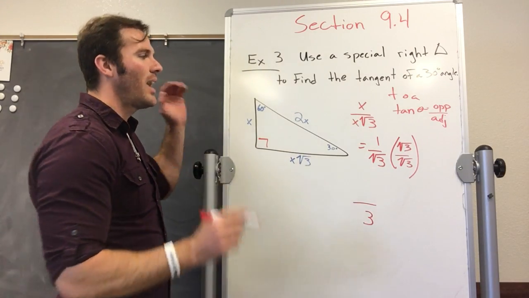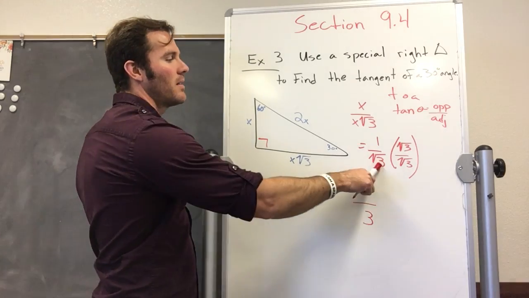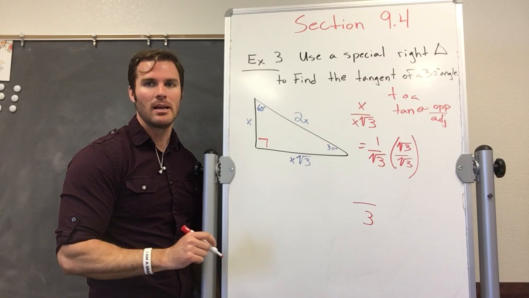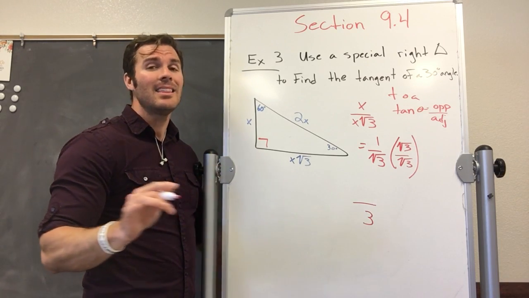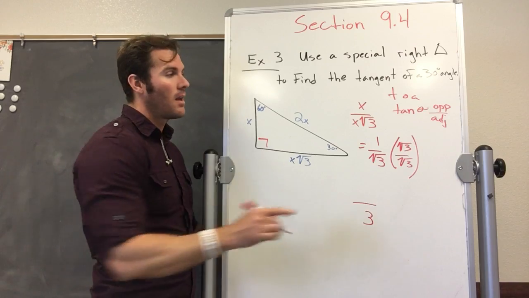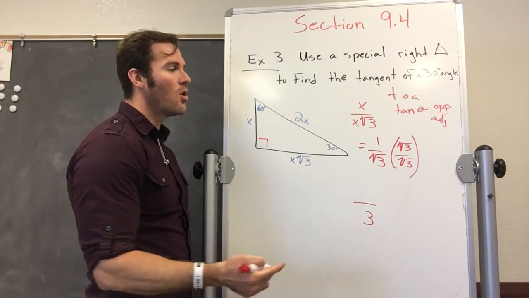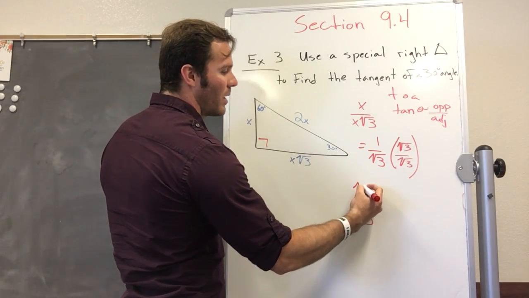In algebra, you can't just multiply anything by a random number. I can't just multiply this by a square root of 3 and be like, aha, I got 3 in the denominator, got rid of the square root of 3. That's not algebra. But in algebra, you can multiply anything by 1. Square root of 3 over square root of 3 is 1. Anything over itself is 1. So 1 times square root of 3 is the square root of 3.